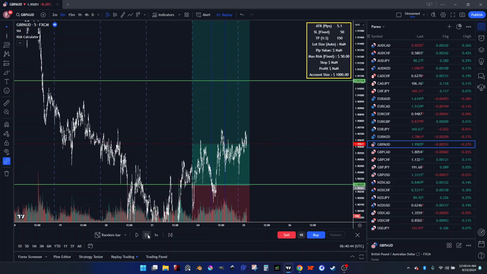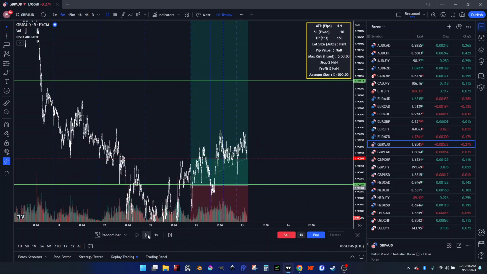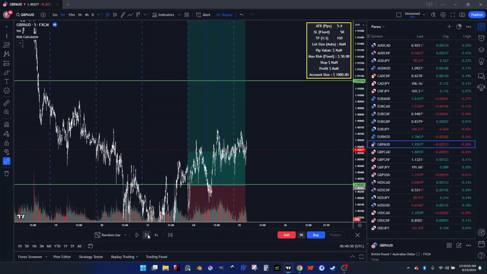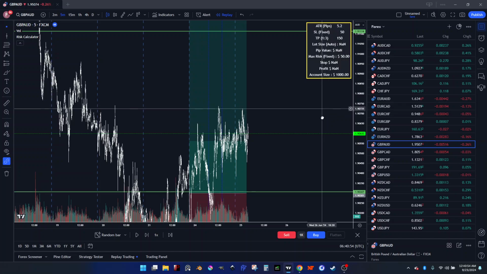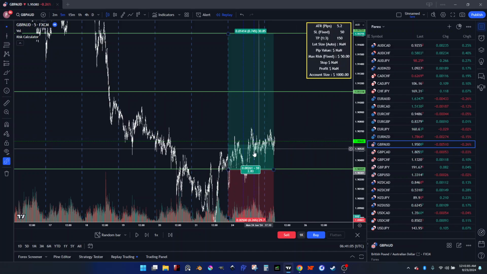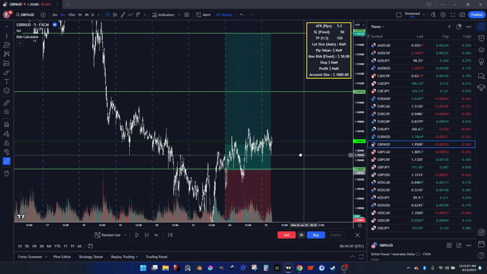The market doesn't go straight in a direction all the time. Not sure if there's any news or anything like that. So let's see. Do we potentially have an issue? We might have something kind of in the middle here, because I noticed price is kind of struggling to get up there.